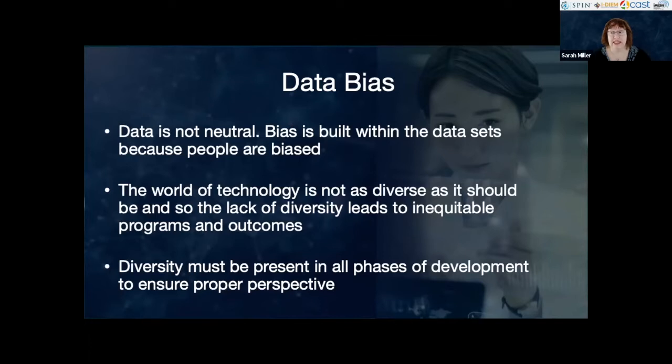It is easy to make assumptions about things, and those assumptions often are based on our past experience or what we have learned, and they don't necessarily reflect an equitable viewpoint. You have to actually make steps and do concrete work to build equity into your systems, to look for bias.